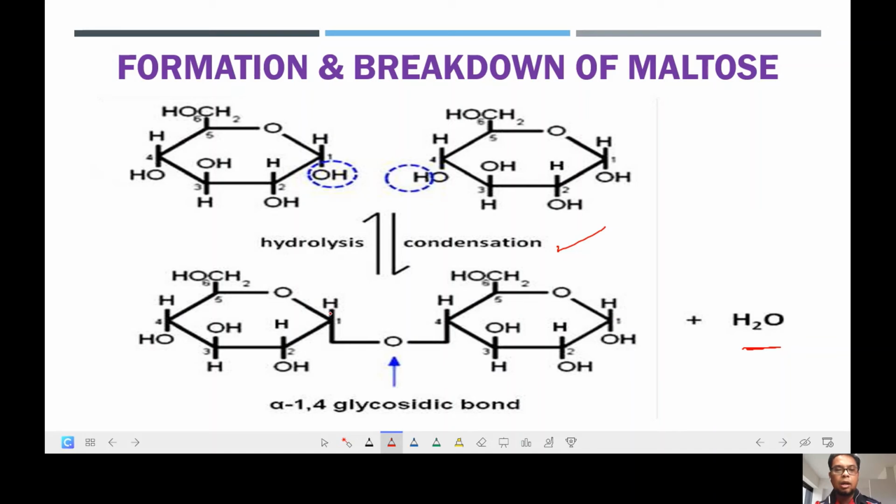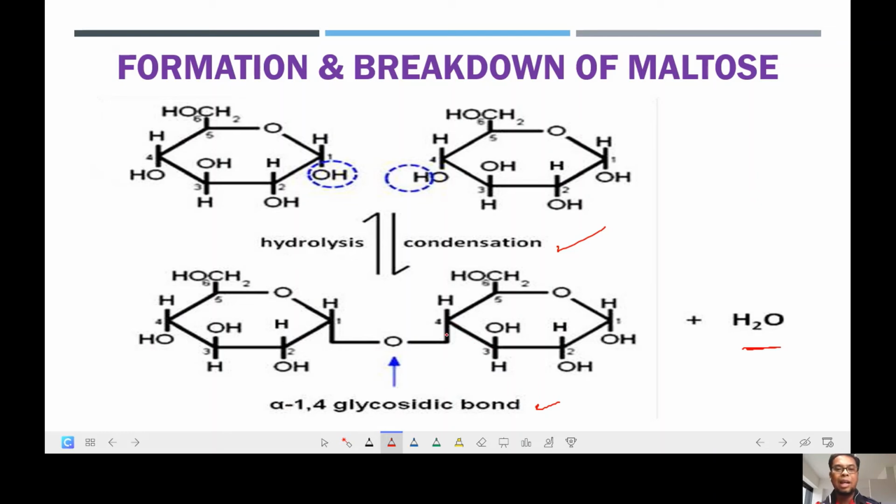And over here we can see that the two alpha glucose molecules are already joined together by a special bond known as the alpha 1,4 glycosidic bond. Why alpha? Why 1 and 4? Because this glycosidic bond joins two alpha glucose molecules together, and the bond is located between carbon number 1 of this alpha glucose molecule and carbon number 4 of the other alpha glucose molecule.